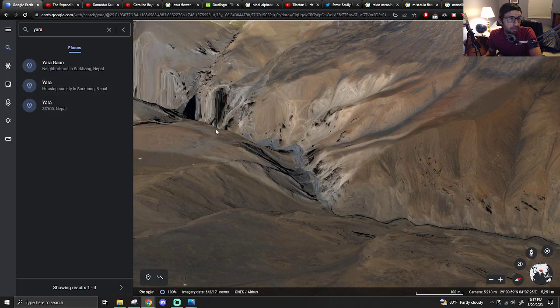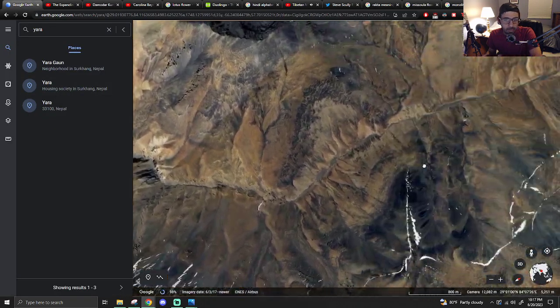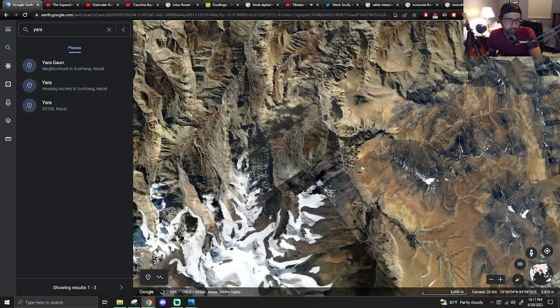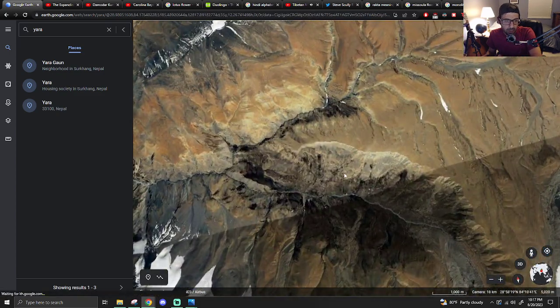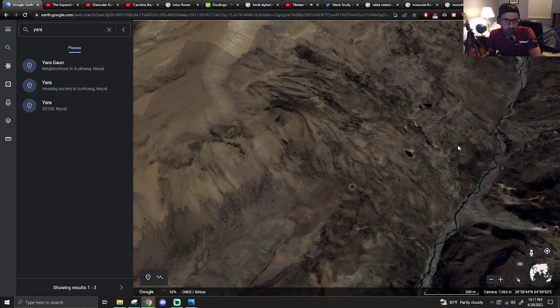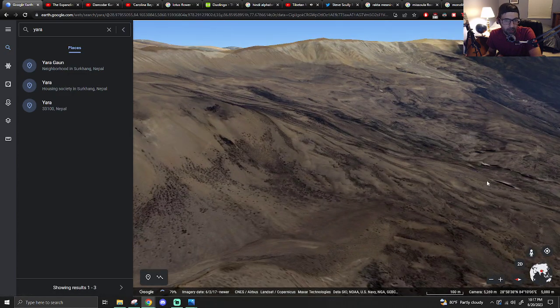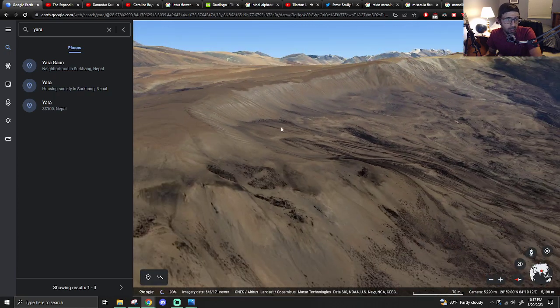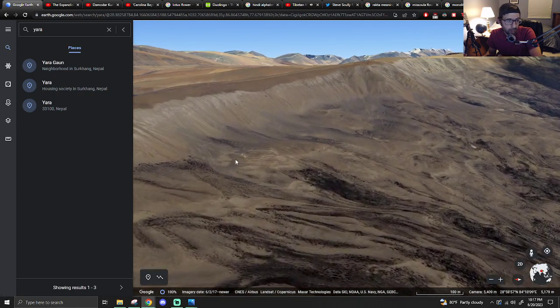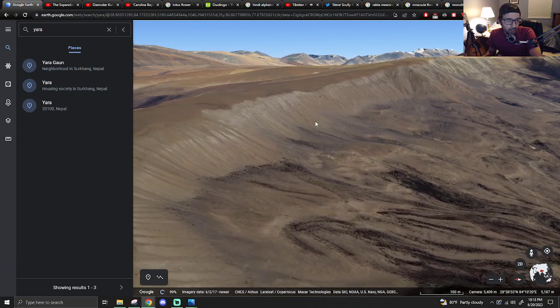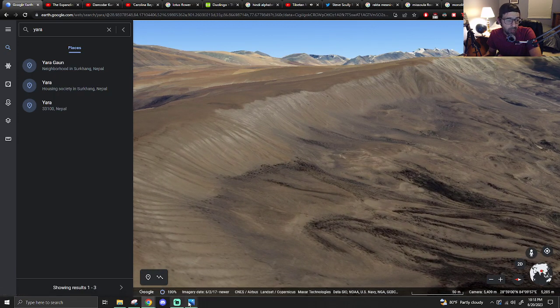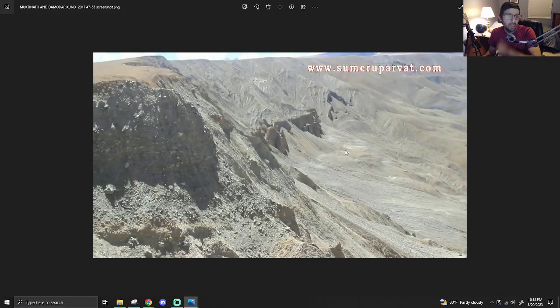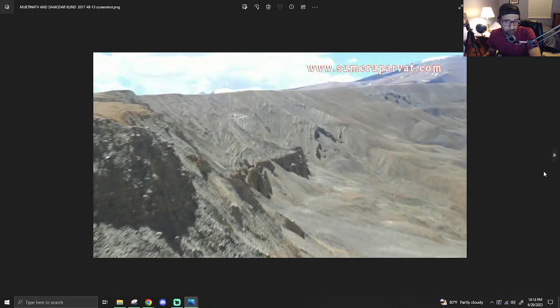Above the lakes. Oh, here's the lakes. Here's this pathway. It's like up here, totally not visible in the images of Google Maps, Google Earth. But then we start going downhill.